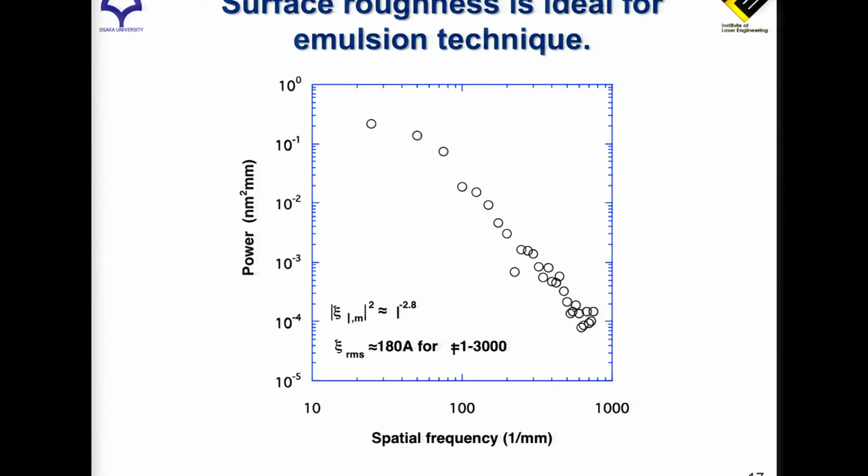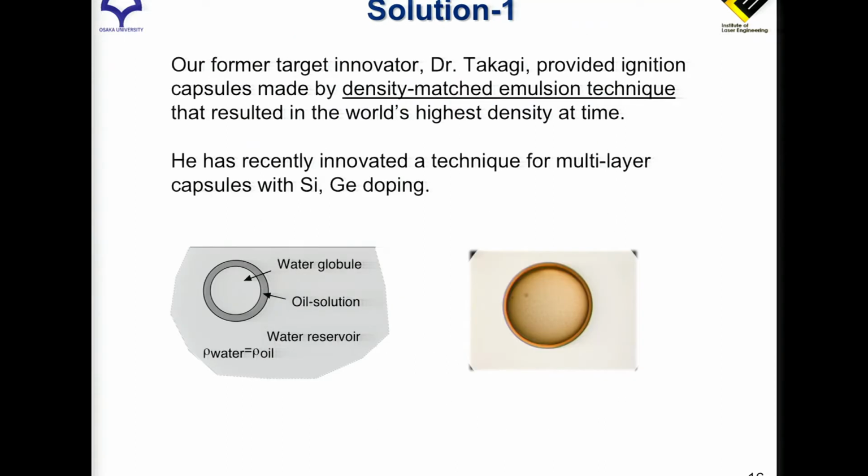His way is a water globule surrounded by oil solution. In the oil solution, the CH is dissolved. And then there is another water reservoir.